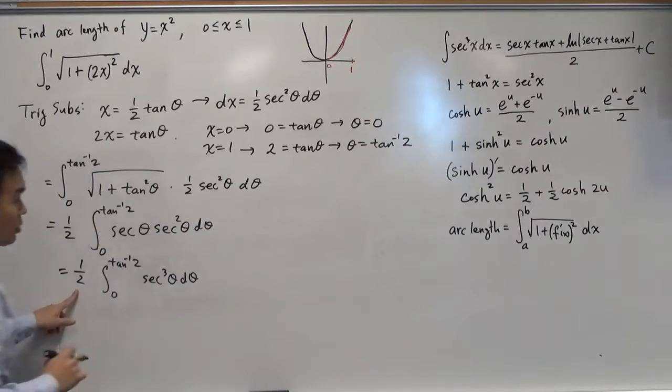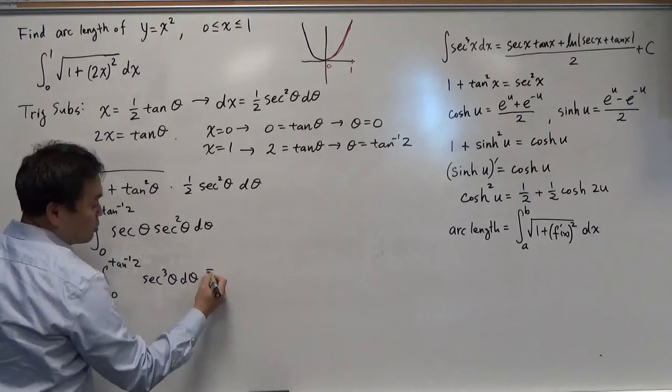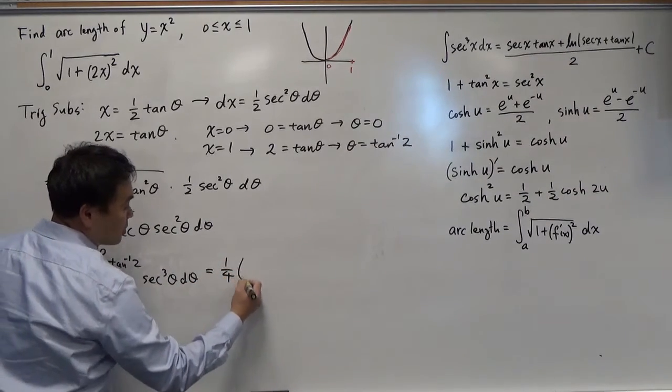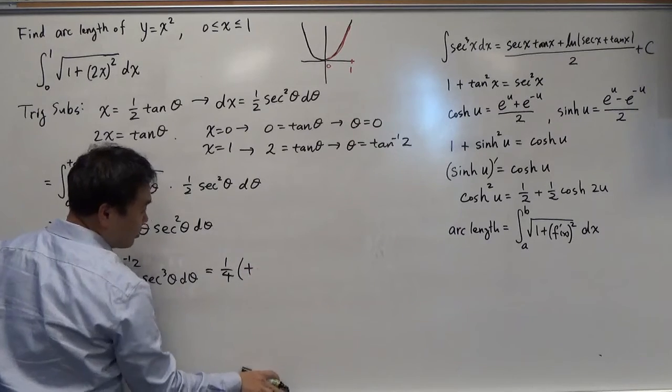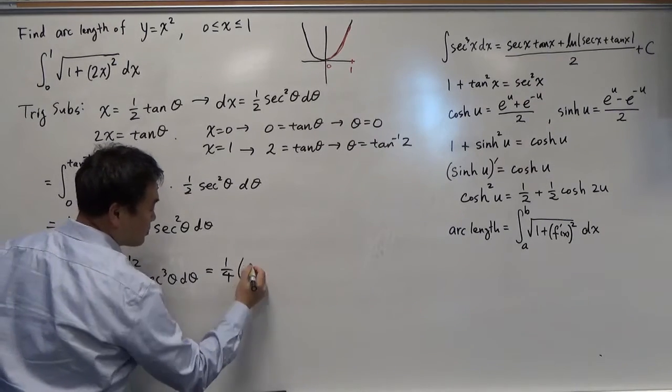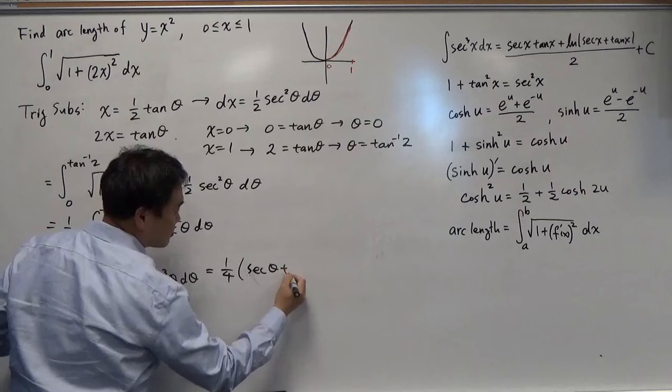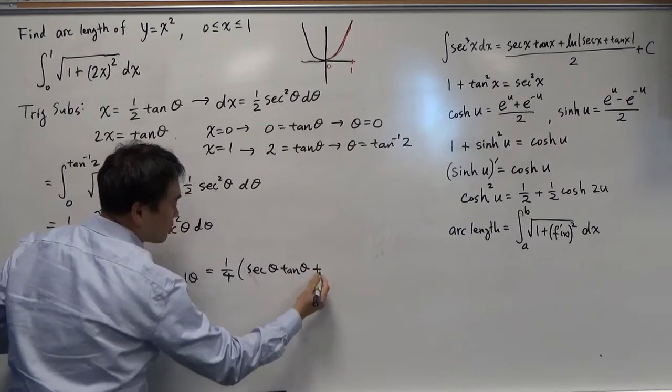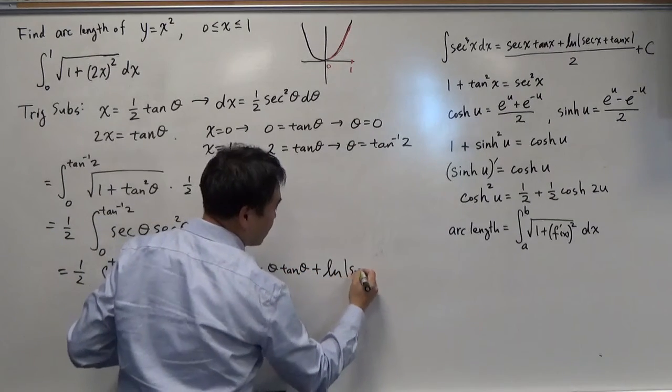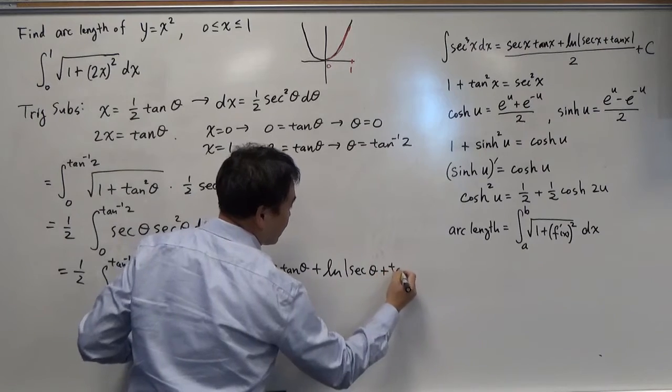And there's an extra 1/2 there. So it will be 1/4 of secant theta tangent theta plus ln of secant theta plus tangent theta.